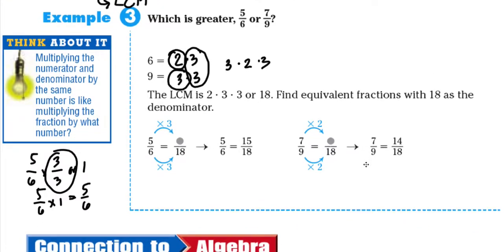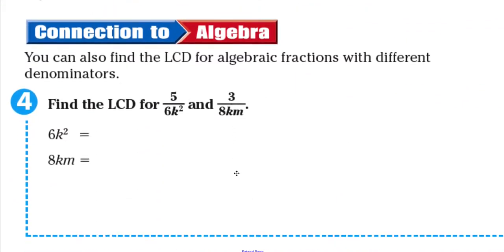And we start comparing, since all the fractions now have the same denominator, we can simply compare the numerators. 15 is greater than 14, so 5 over 6 is greater than 7 over 9. Okay?